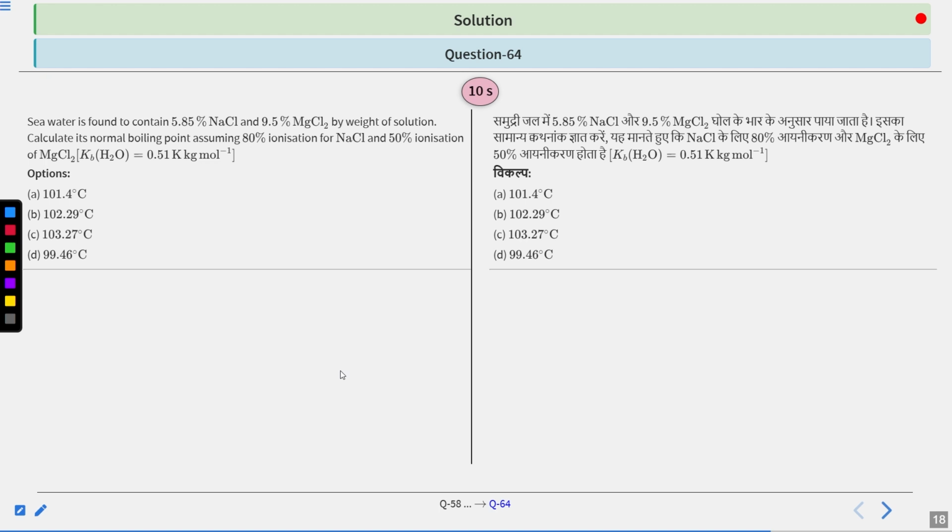Your options are A 101.4 degrees Celsius, B 102.29 degrees Celsius, C 103.27 degrees Celsius, and D 99.46 degrees Celsius. So your time to solve this question starts now. Your time is up.